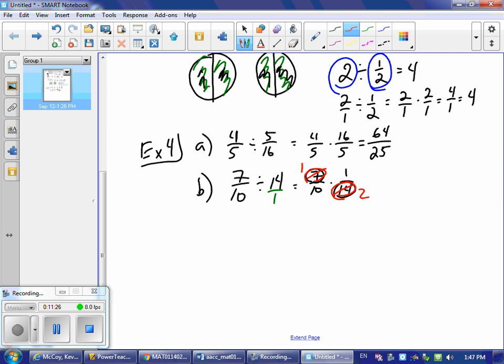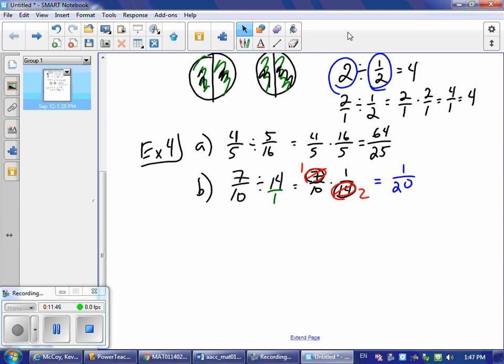Okay, I can't do anything with the 1 and the 10. I don't have anything left over to cross cancel. So now I've got 1 times 1 on top, 10 times 2 on the bottom. We get 1/20. So 7/10 divided by 14 is 1/20.